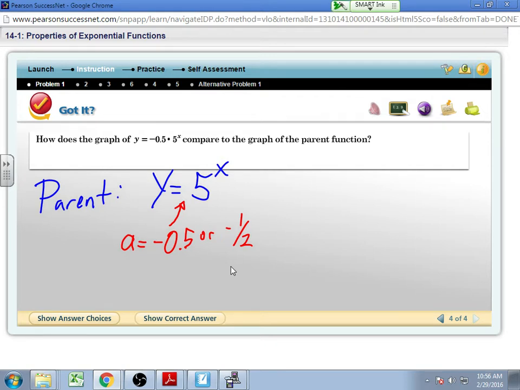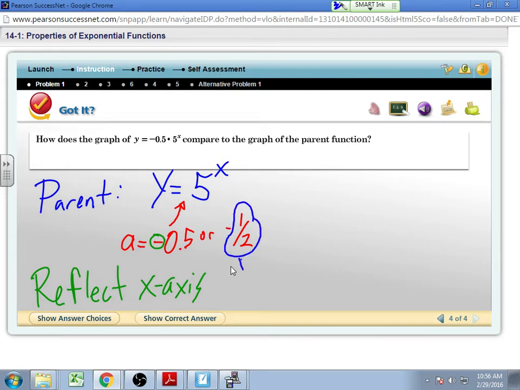It's just getting reflected. So my negative reflects over the x-axis. And we have a compression factor. I didn't hear what you said about the compression factor.